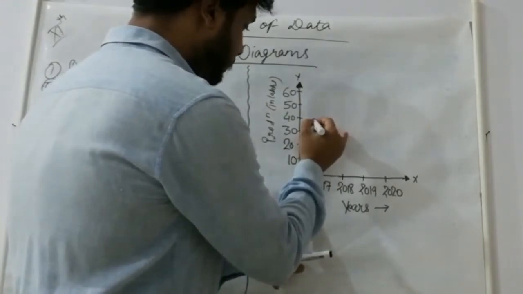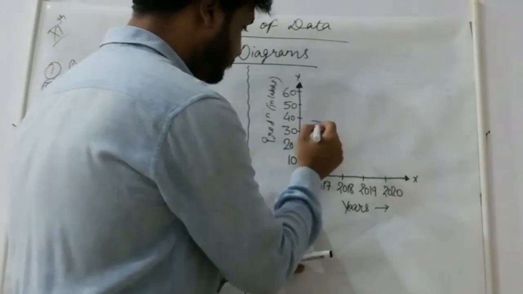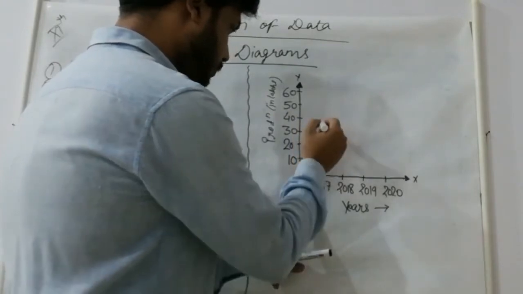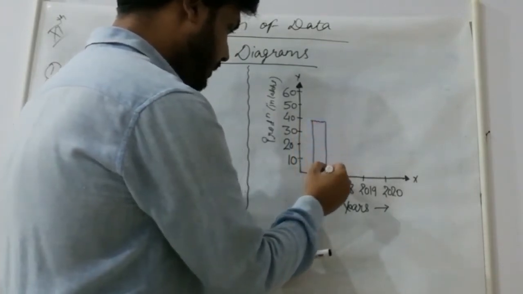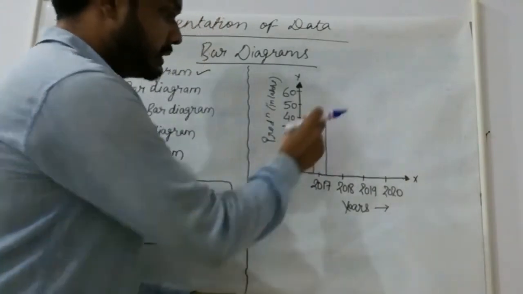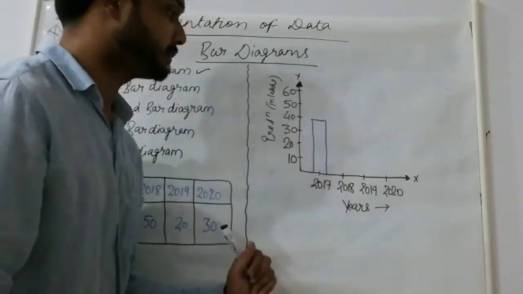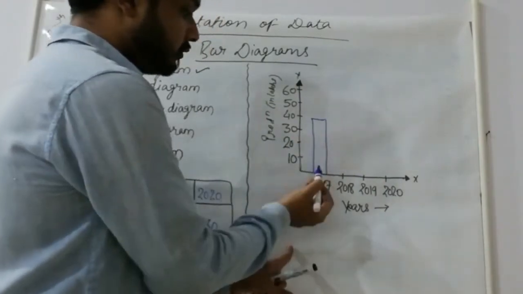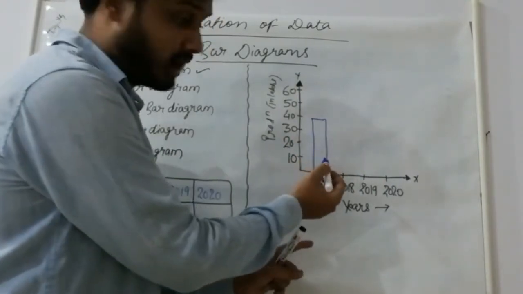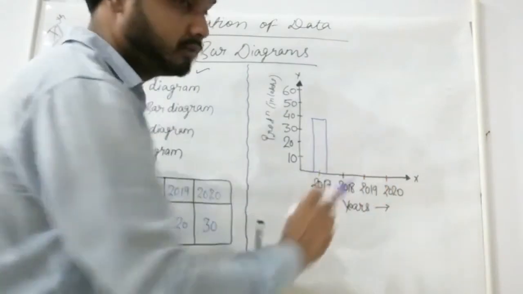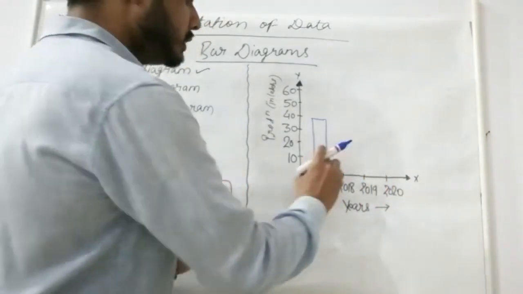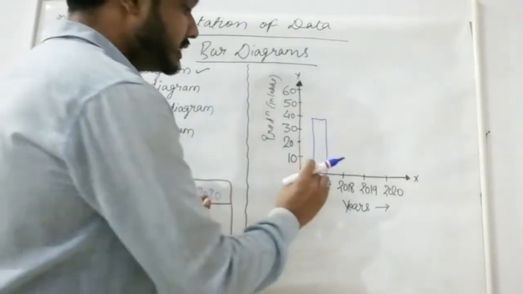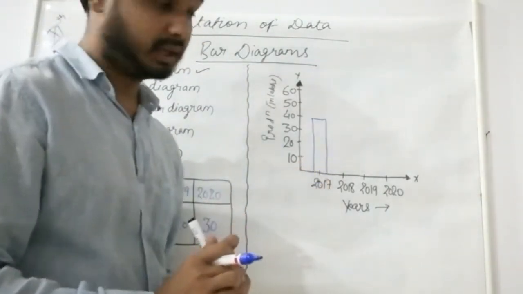First we can make the limit as we want, and for 2017 we will make a bar diagram like this. The rectangular shape is known as a bar, and remember the breadth of the bar, whatever the width of this bar, all the bars will have the same width. All the bars will be equidistant from each other.